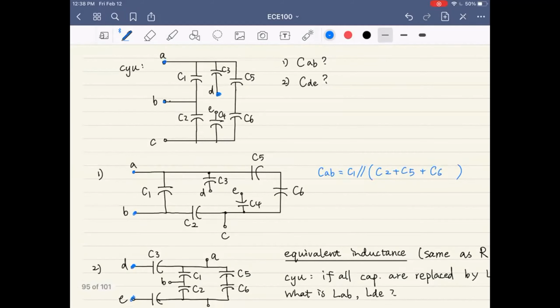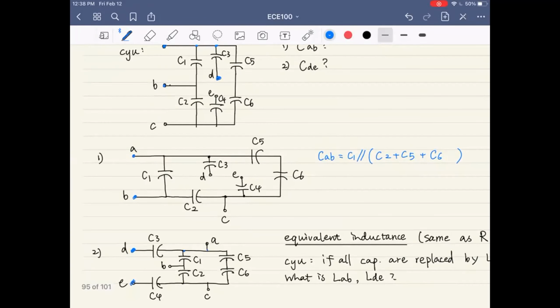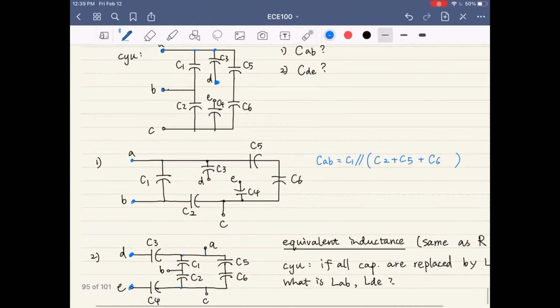Because the other end of C3 is connected to C1, it is an equivalent node as node A. So if we drag D to the left, it is connected to C3, and the other end of C3 is connected to A. Similarly, the other end of C4 is connected to node C. Between node A and node C, because B is not connected to anything, we have 4 capacitors between them: C1 and C2 in series, C5 and C6 in series, and each of them forms a parallel relationship.